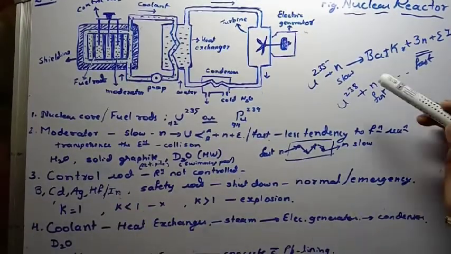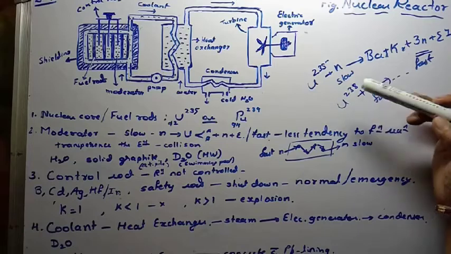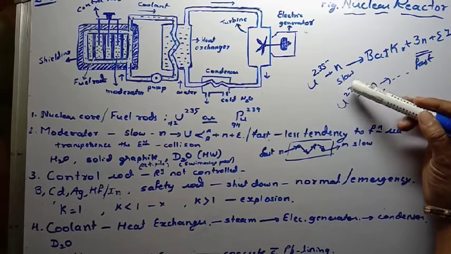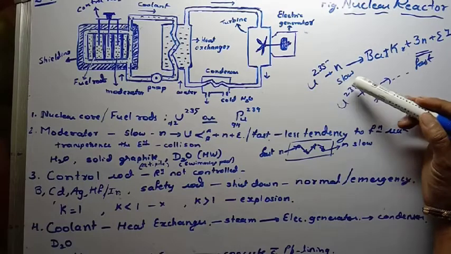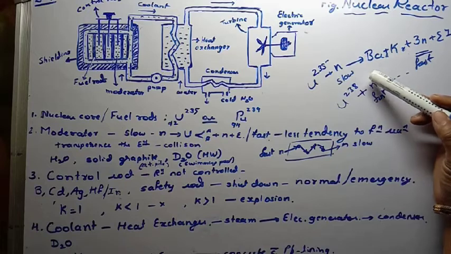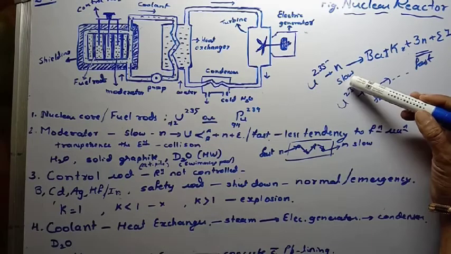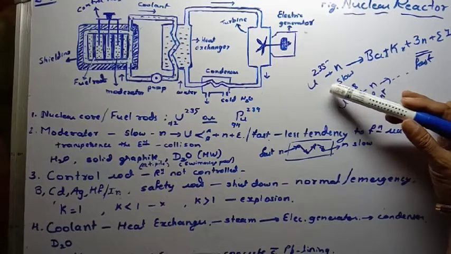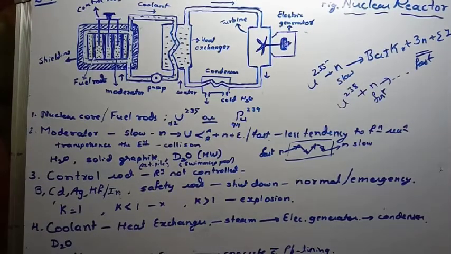In the nuclear reaction, when uranium-235 is used, slow-moving neutrons are needed to bring efficiency in the reaction. That means slow-moving neutrons are easily absorbed by uranium-235, which leads to the fission reaction, rather than fast-moving neutrons.